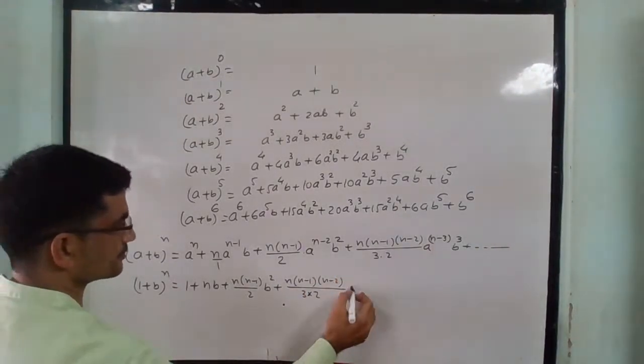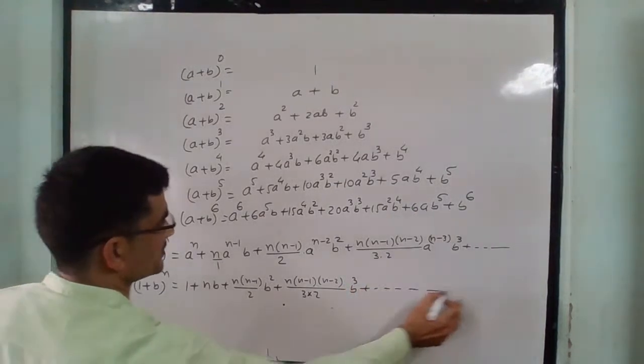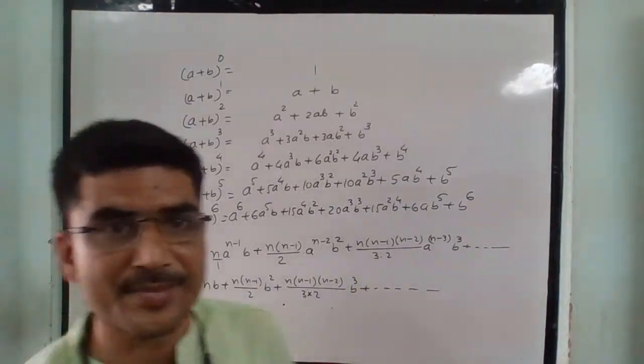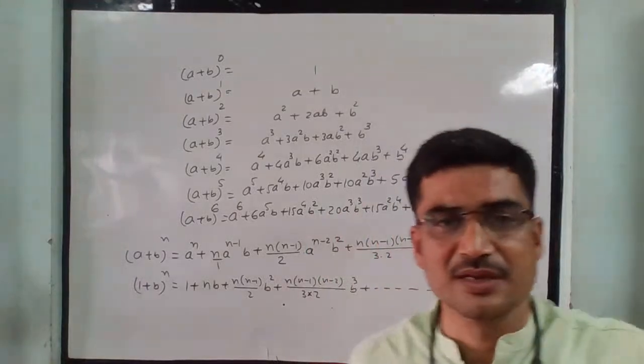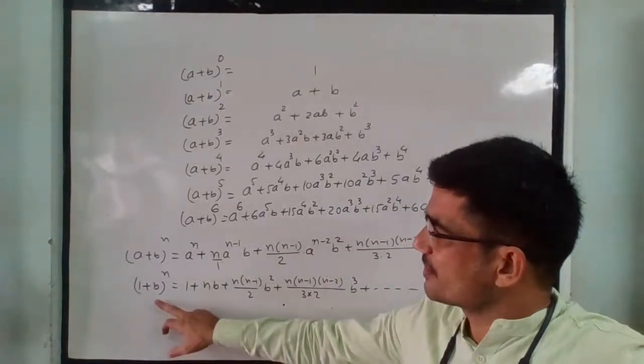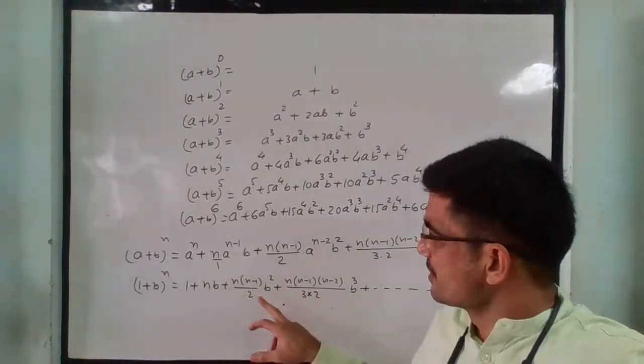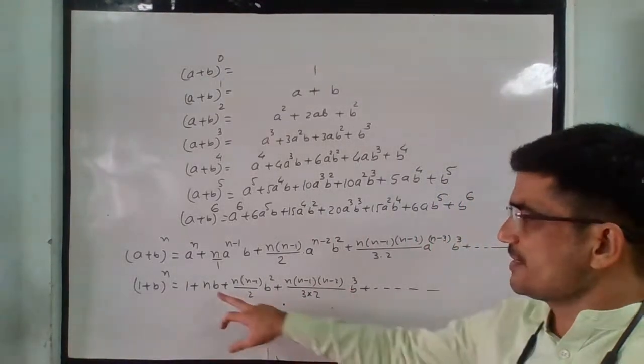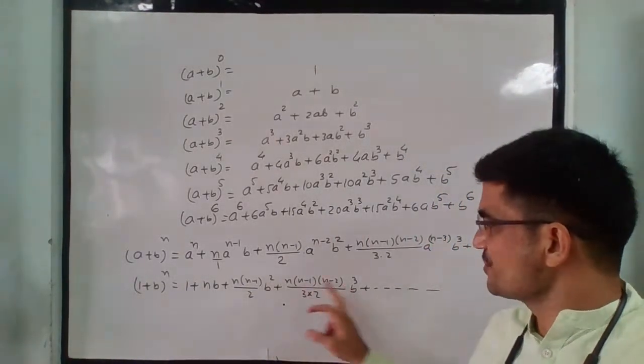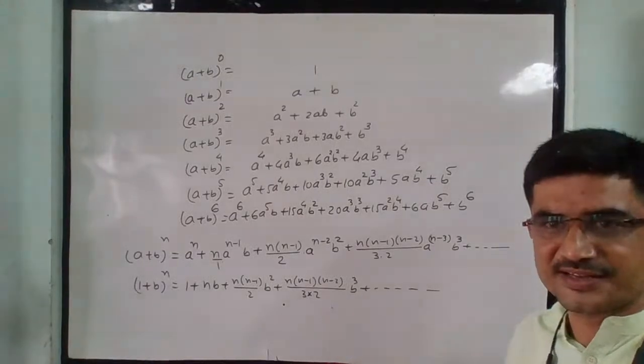Now just imagine the b: here b's power 1, then b power 2, b power 3, b power 4, and so on.